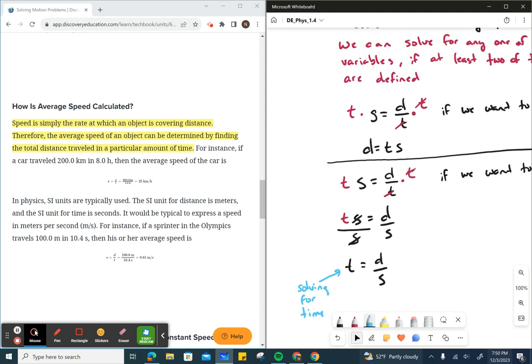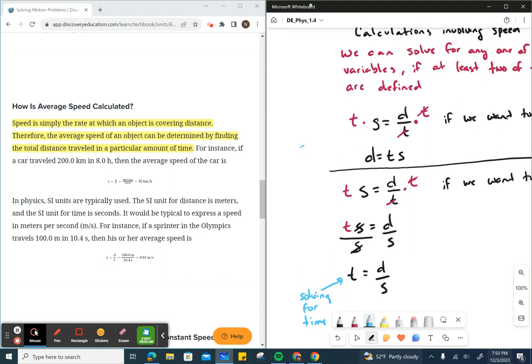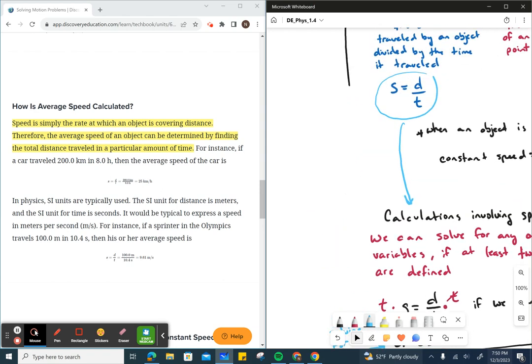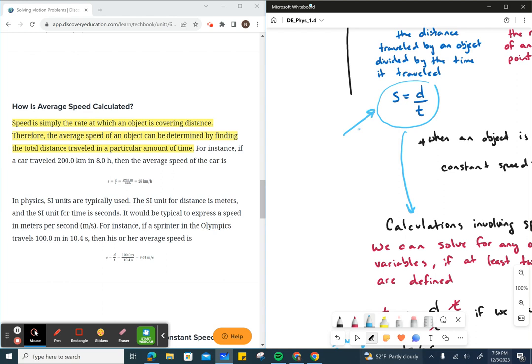And up here, we were solving for distance. And of course, over here, this one was solving for speed, our initial formula.